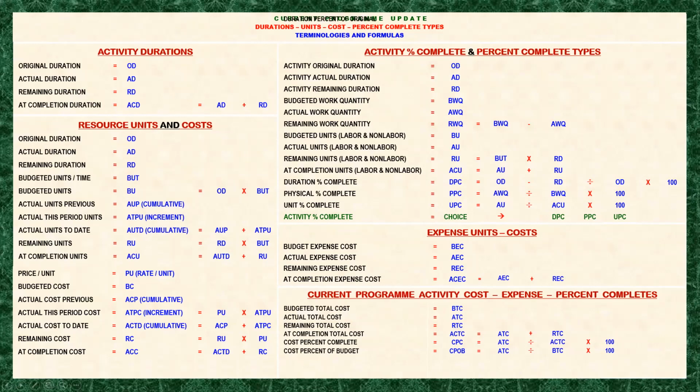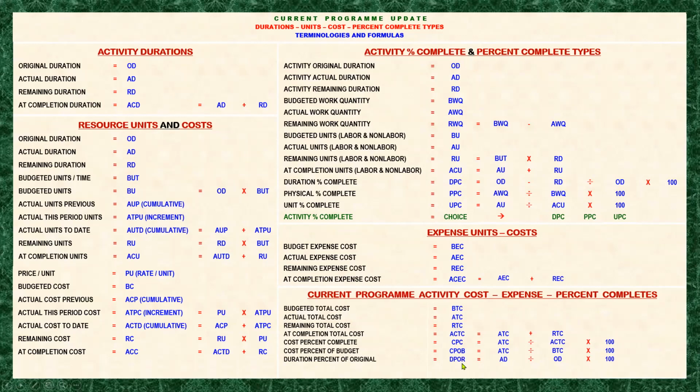Okay, next, we have the duration percent of original. Obviously, when we say duration percent of original, that is the actual duration divided by the original duration.